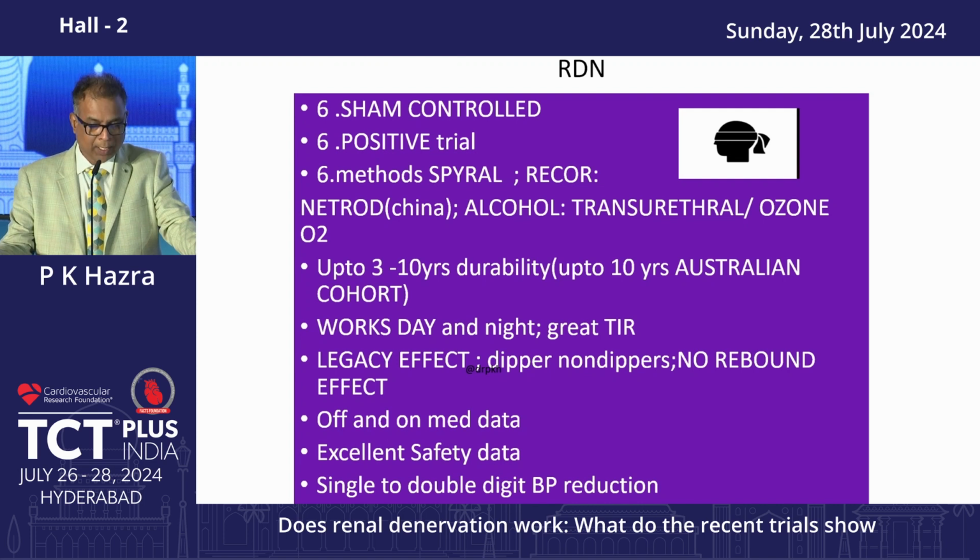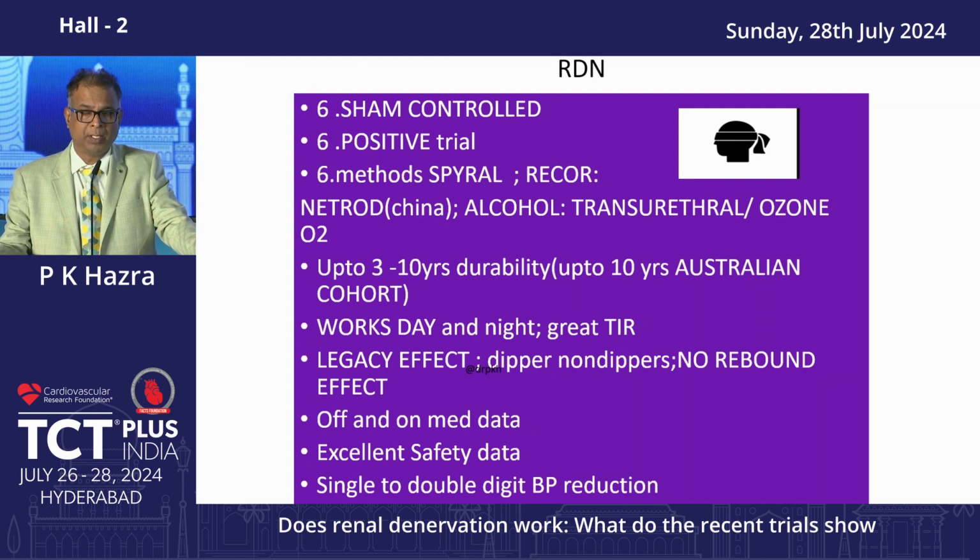One is the Medtronic Spyral, then the ultrasound system, and there is one more ultrasound system, TVAS, Netwok from China, alcohol, and transurethral. The transurethral RDN does not have large randomized clinical data. If you do not have any access to the renal artery, or if you cannot give dye to identify the renal artery, go transurethral. And this is the VERVE system.